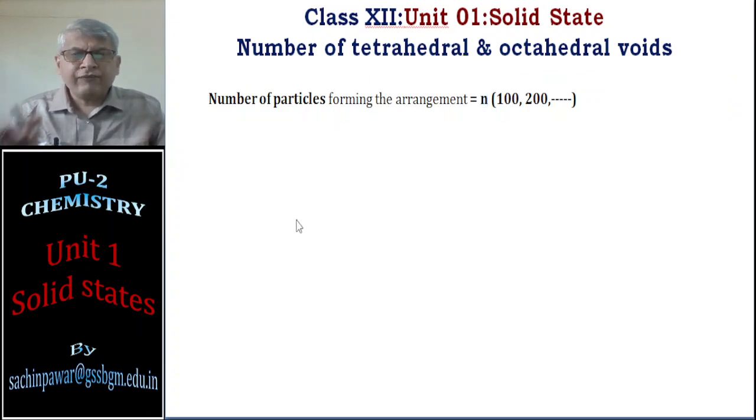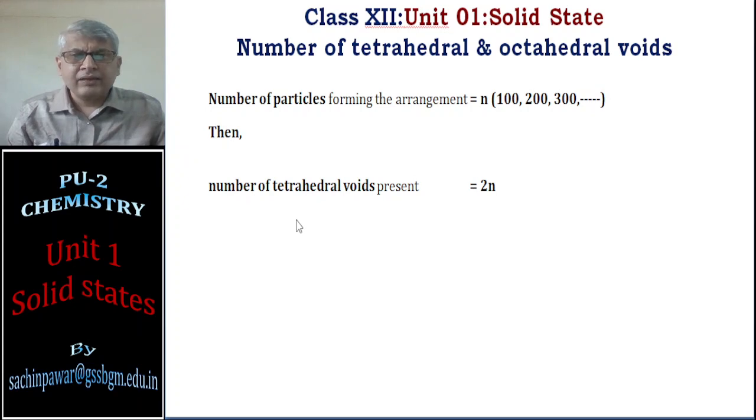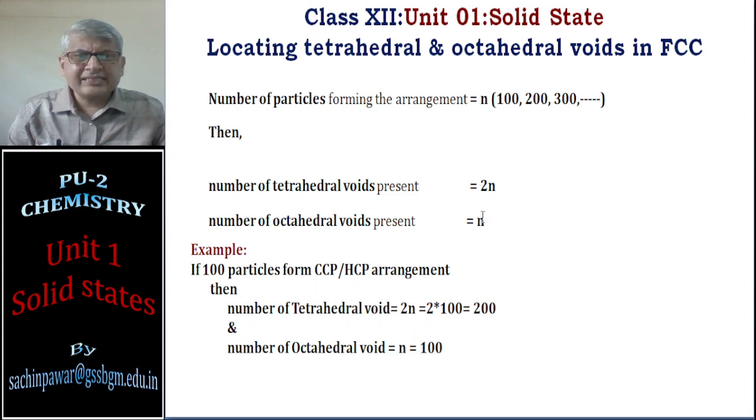Then by the formula, the number of tetrahedral voids is exactly double of this number, and the number of octahedral voids is the same as the number of particles forming the arrangement. For example, if 100 particles are forming a CCP, that is cubic close packing, or HCP, that is hexagonal close packing, then the number of tetrahedral voids is exactly double of this, that is 100 into 2, that is 200, and the number of octahedral voids is the same as that number, that is equal to 100.